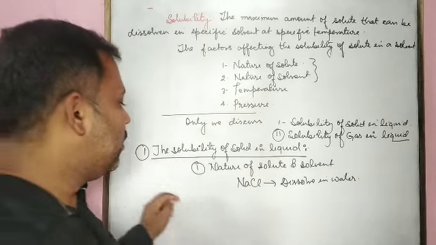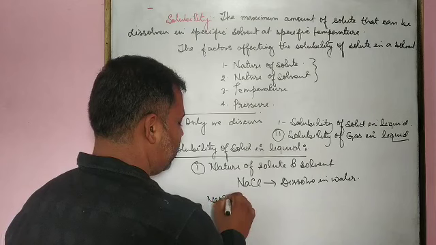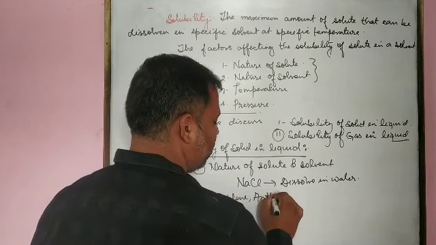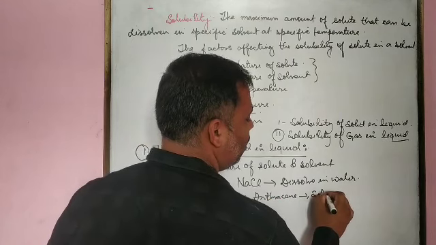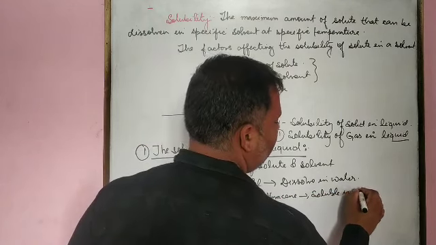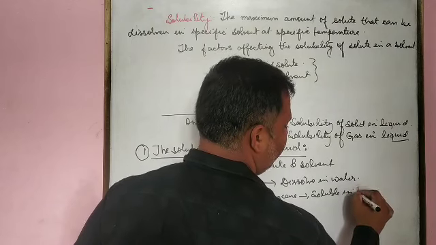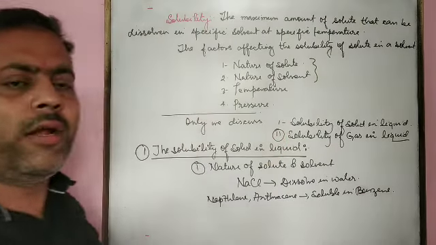The next one, naphthalene and anthracene, are soluble in organic solvents, or you can say these are soluble in benzene or carbon tetrachloride.